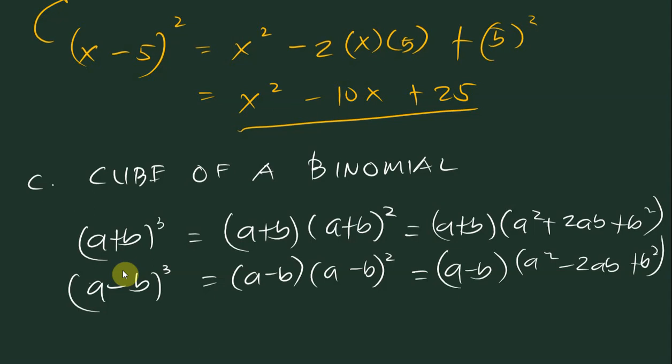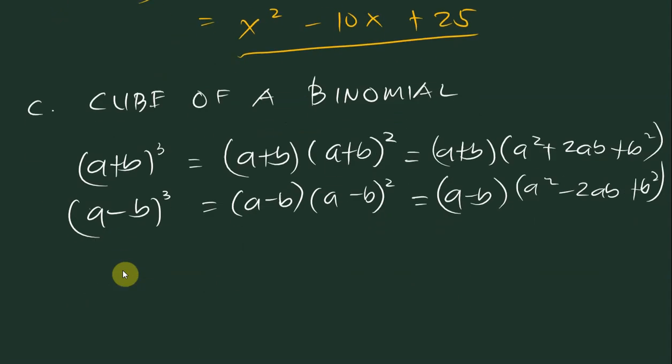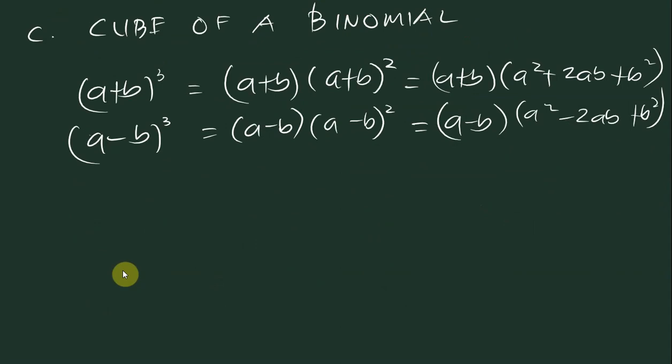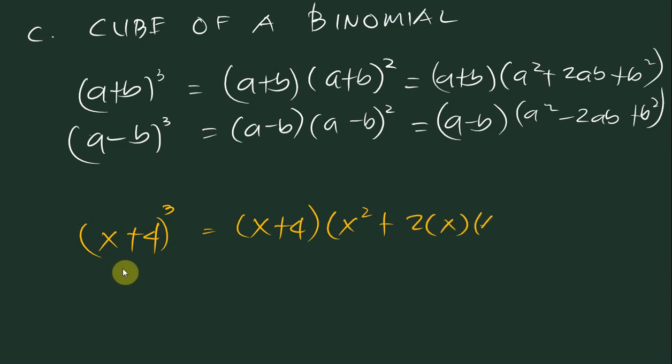Okay, so let's have an example. Let's say we were given x plus 4 cubed. Say we're given that. So the equivalent expression for that would be x plus 4, and then multiplied by, using the square of a binomial, x squared plus 2x times 4, right?